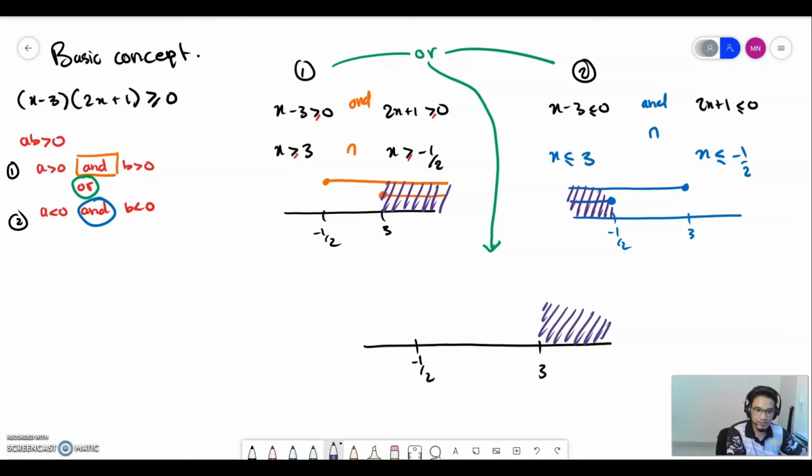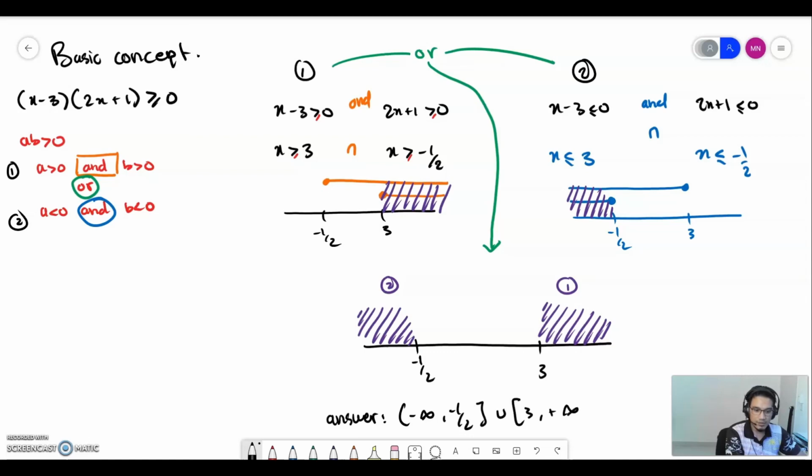Then the region from the second part is less than negative 1 over 2. So our final answer will be from negative infinity until negative 1 over 2, a square bracket, union 3 until positive infinity.